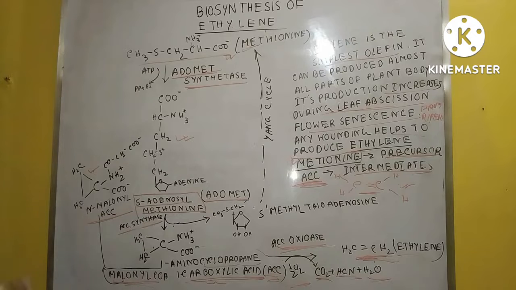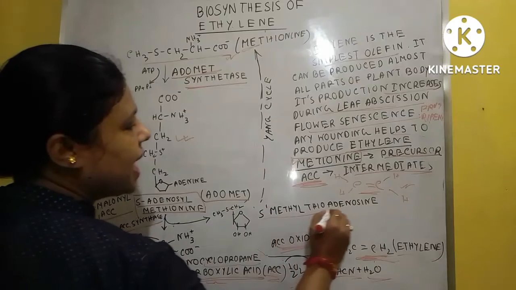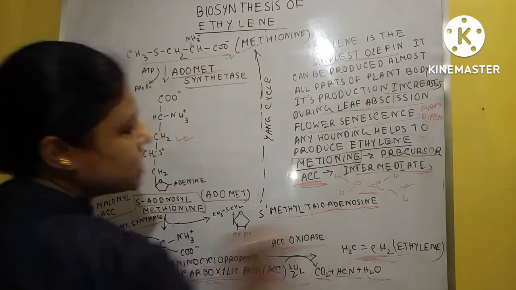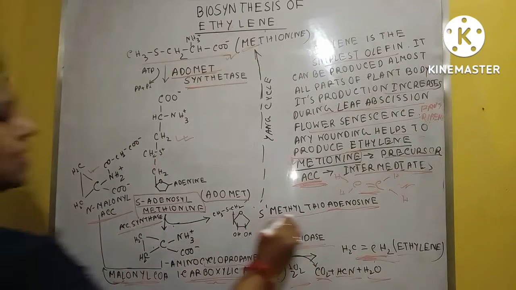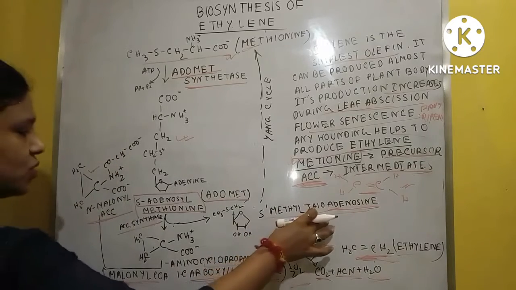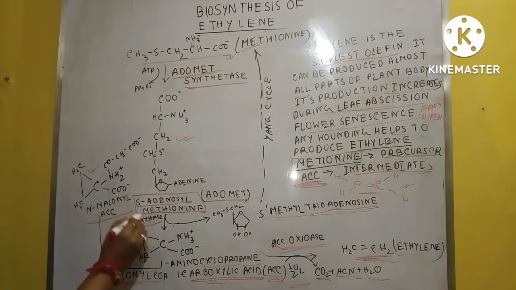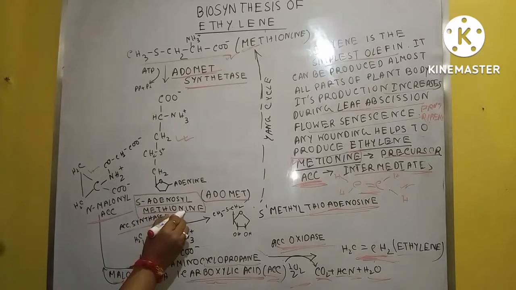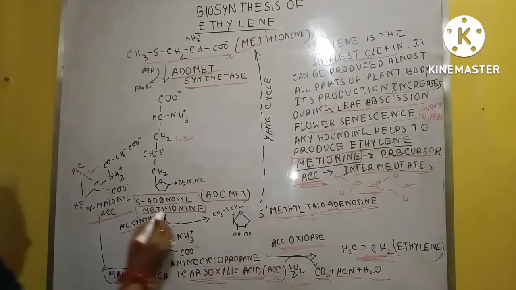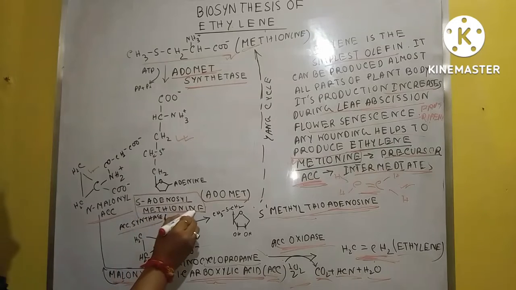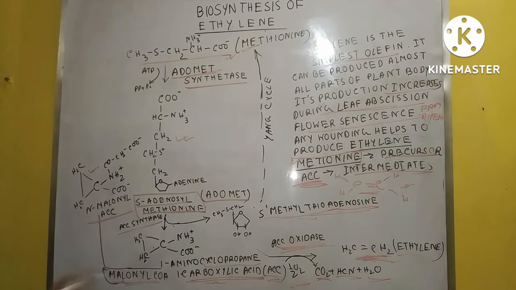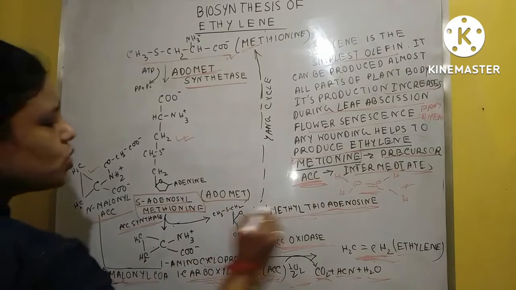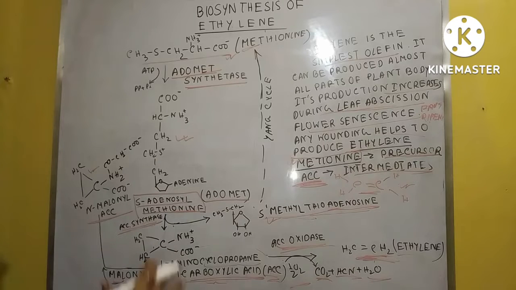And another product is seen, you can see 5'-methylthioadenosine. This is produced from S-adenosyl methionine. During the production of ACC by the enzyme ACC synthase, this is also produced as another byproduct.